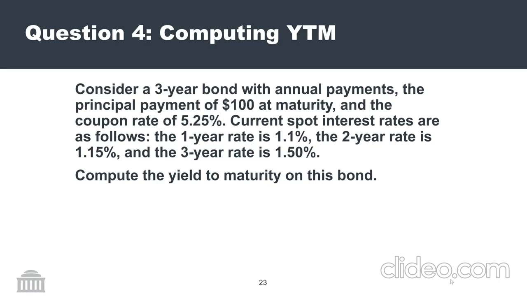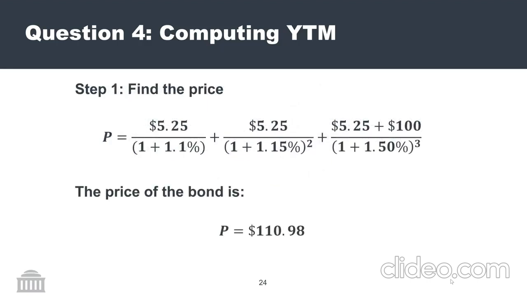The first step in solving this question is to find the price of the bond. Now, we know how to find the price of the bond, so we're just taking the term structure of interest rates that we're given, and we're discounting each of the payments that we're getting from the bond to present using the term structure of interest rates. So first we are taking the first coupon, so it's $5.25. Recall that this bond pays 5.25% coupon.